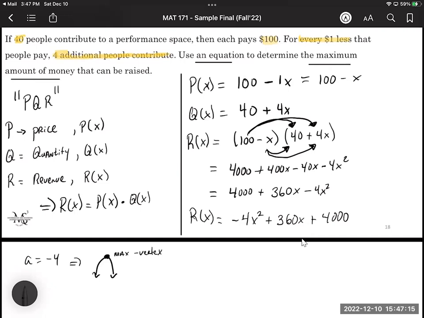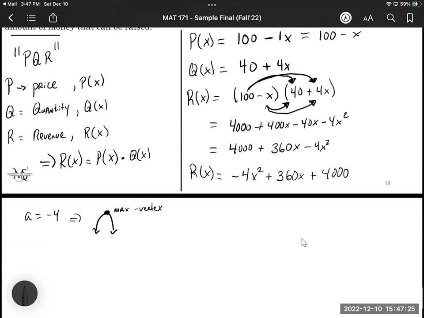There you go. So if I want to solve this problem, determining the max amount of money that can be raised is equivalent to finding the maximum, finding the vertex. So we'll say that x is equal to -b over 2a, and then I can plug it into our function. So -b would be -360 over 2 times -4. 2 times -4 is -8.